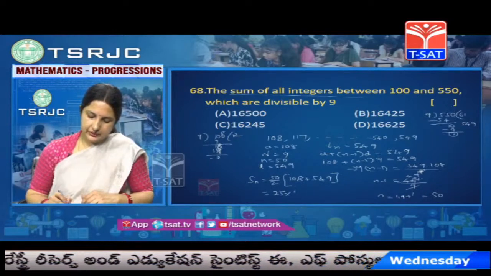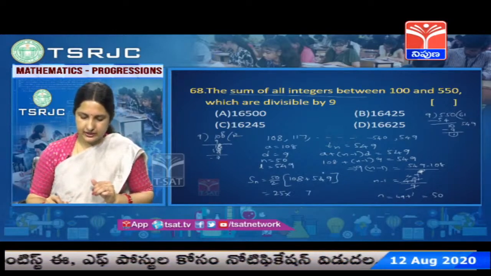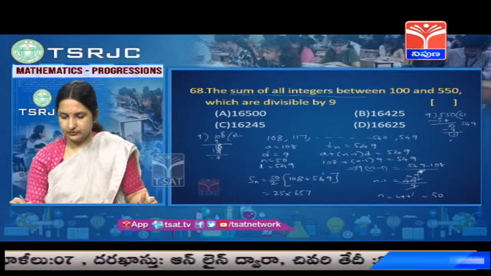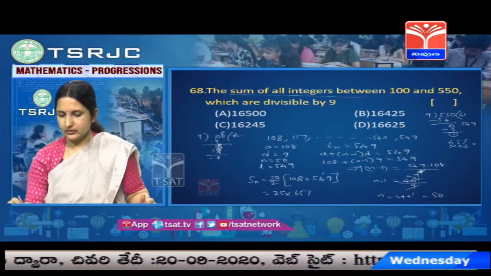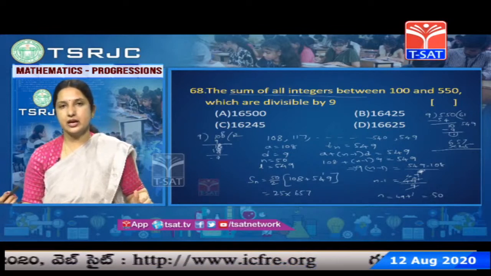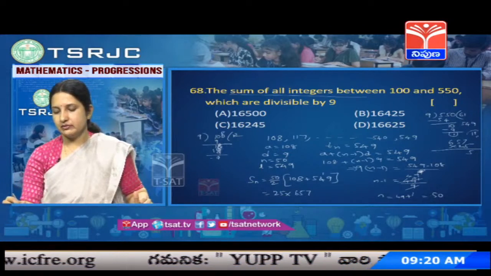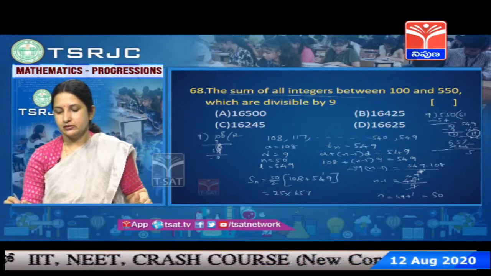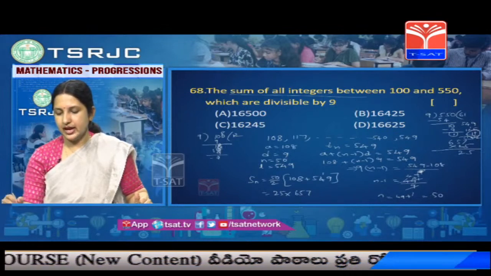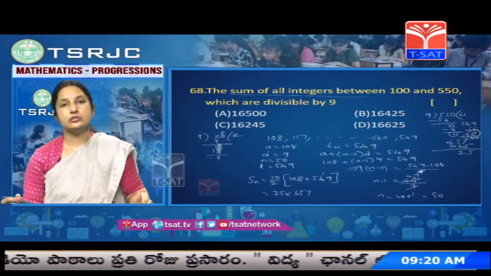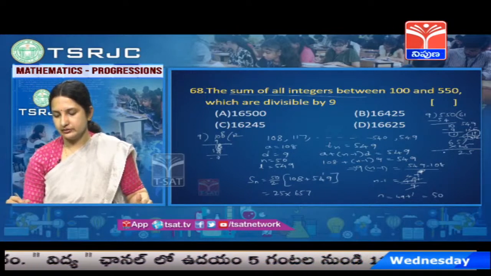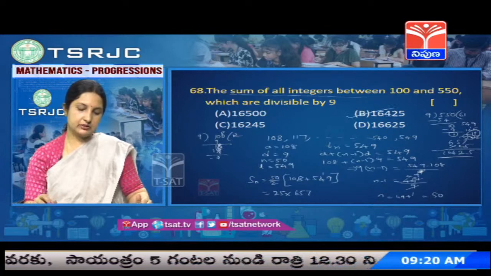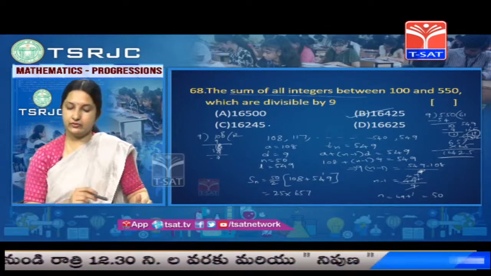What will we get? 25 into 9 plus 8 is 17, 1 carry, 4 plus 1 is 5, 5 plus 1 is 6, 657 into 25 we have to do. 25 sevens are 175, 25 fives are 125, 125 plus 17 is 142. 2 you write, 14 carry, 25 sixes are 150, 150 plus 14 is 164, so 16425. For confusion they gave C, 16245, also there.